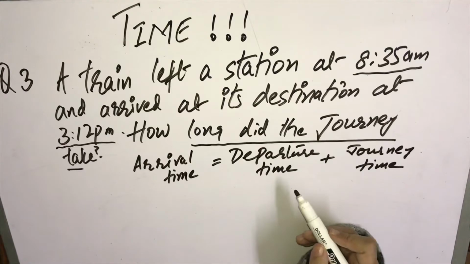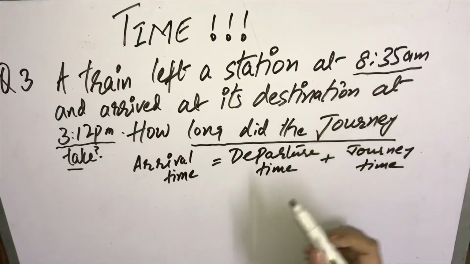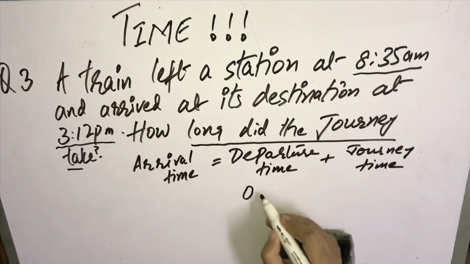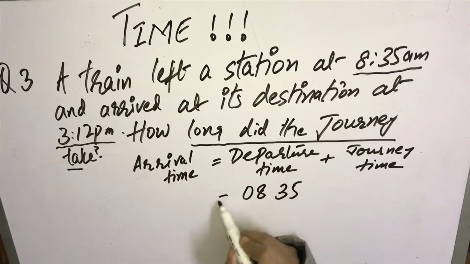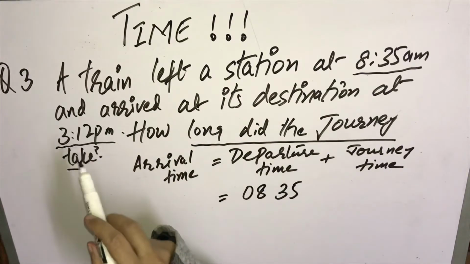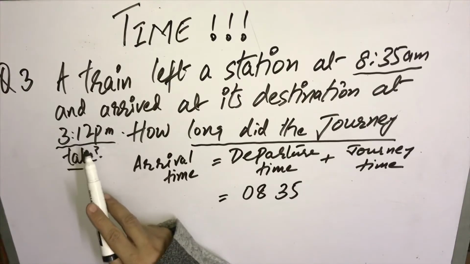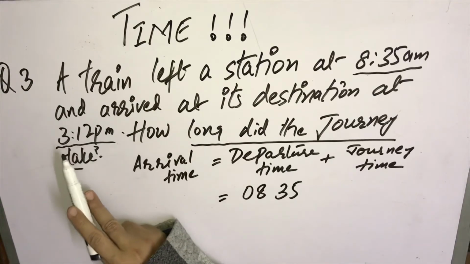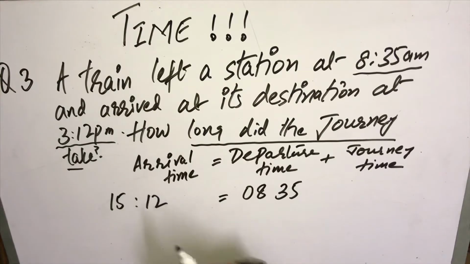Left means departure, 8:35 a.m. When you take AM, you will not change the digits, you will just take it as 0835. But when it arrived at 3:12 p.m., you are converting PM into 24 hours. So you are adding 12 to 3 and it will be 15:12, without PM.